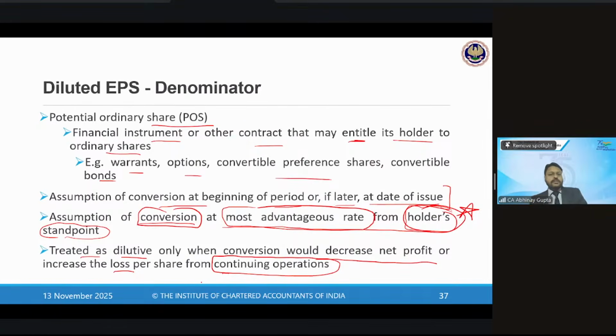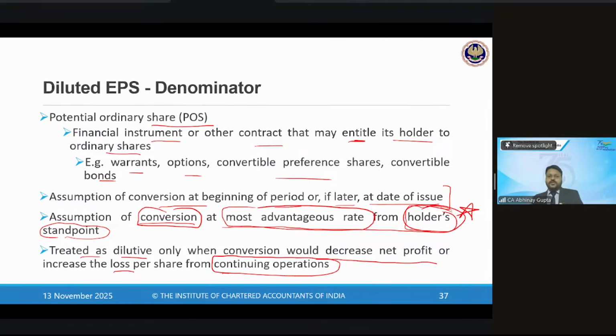So if the company has both continuing as well as discontinued operations, whose perspective do we consider? An investor looking at the future prospects of the company would be interested in what is happening on the continuing operations. Yes, the continuing operations only.